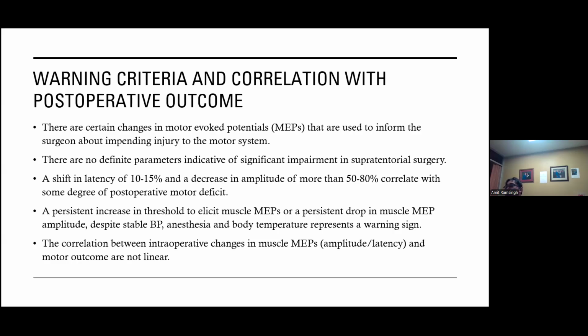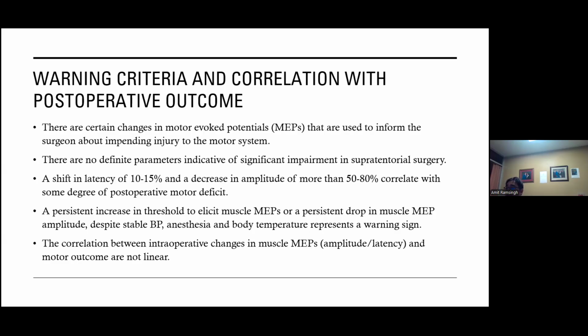But as a general rule of thumb, a shift in latency, an increase in the latency of 10 to 15%, and a decrease in amplitude of 50 to 80% correlate with some degree of postoperative motor deficit.